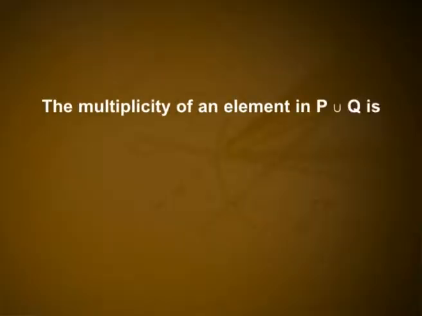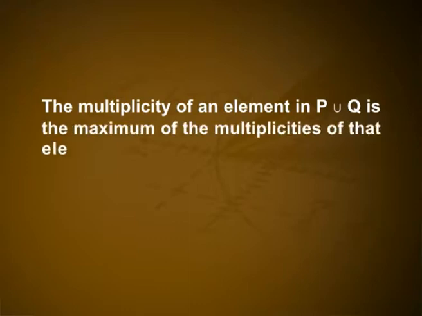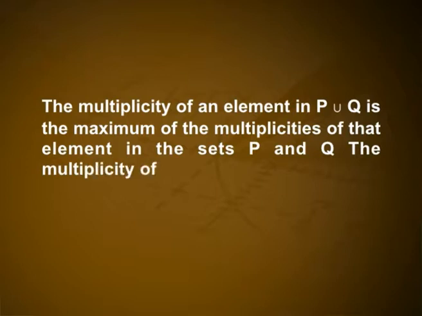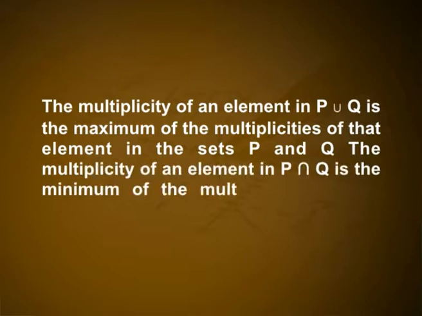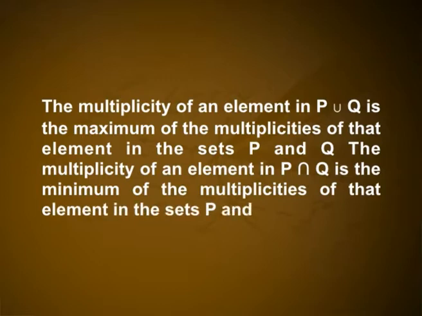If P and Q are multi-sets, then the multiplicity of an element in P union Q is the maximum of the multiplicities of that element in the sets P and Q. The multiplicity of an element in P intersection Q is the minimum of the multiplicities of that element in the sets P and Q. For two multisets P and Q, the multiset P difference Q is a set in which the multiplicity of an element is the difference of the multiplicities of the element in the sets P and Q if the difference is positive and 0 if the difference is 0 or negative.